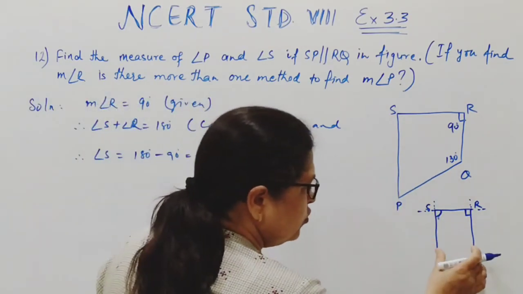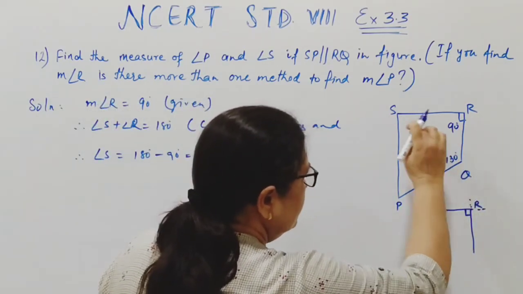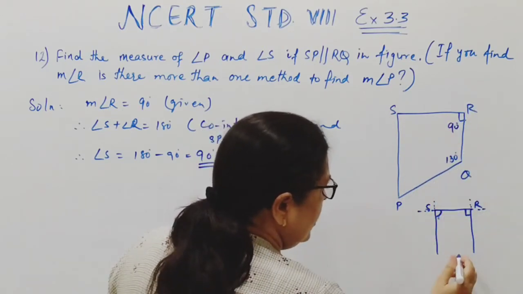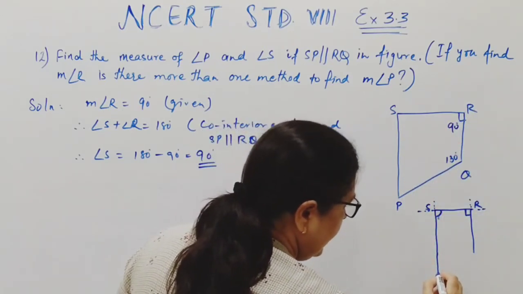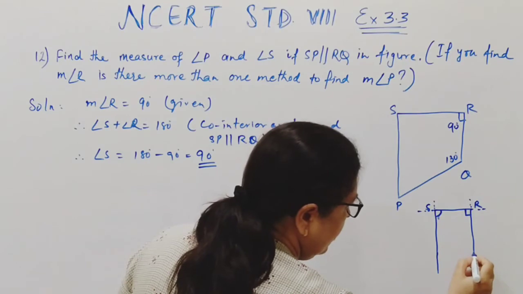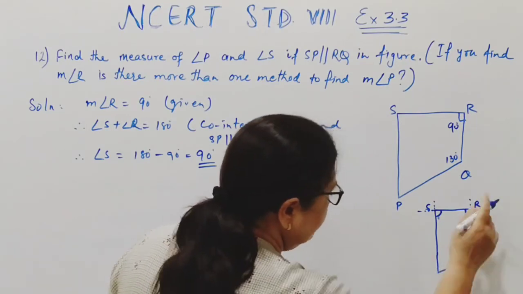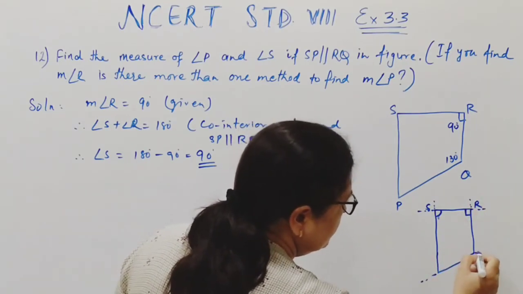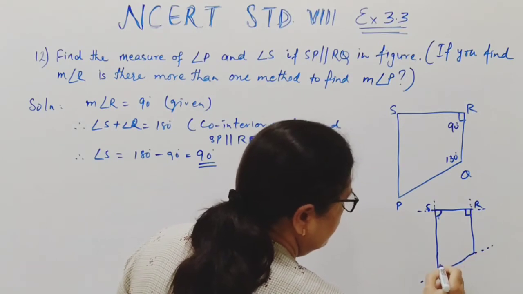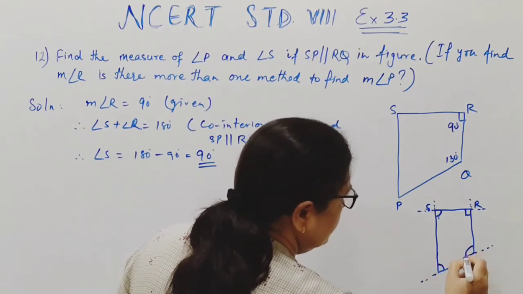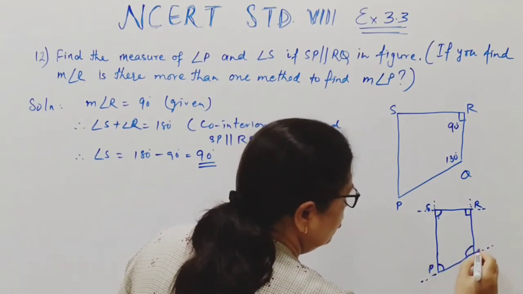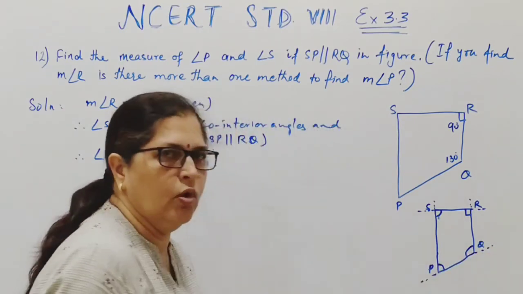Similarly, these two, that is SP and RQ, are parallel, and now this PQ is transversal. So here also these two angles P and Q are co-interior angles.